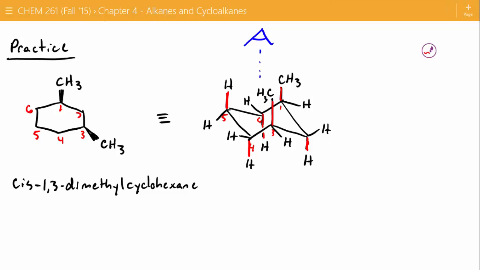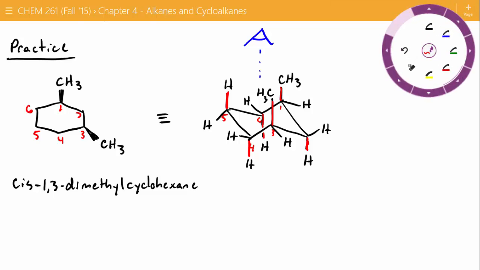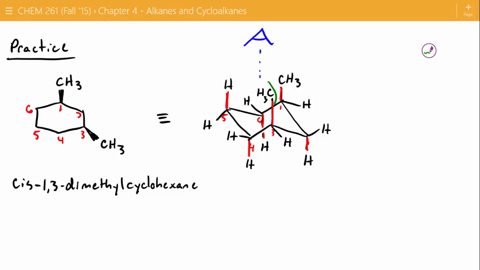So they're all the flagpole ones. It's very, very destabilizing when you have bulky groups in the axial position. And these are called 1,3 diaxial interactions. And these are destabilizing.